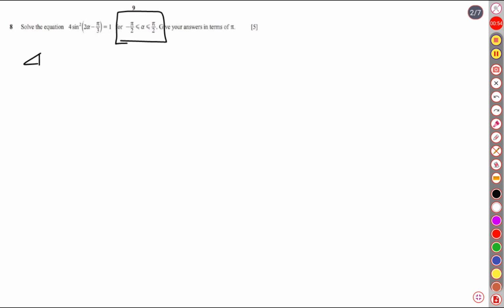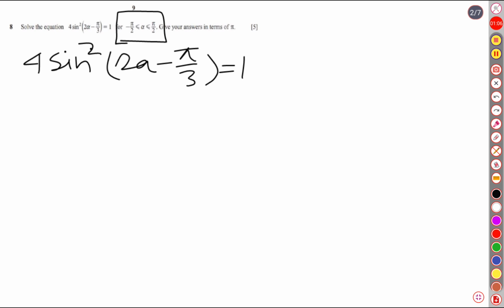It's 4 sine square of (twice alpha minus pi over 3) equal to 1. We will define the domain later on. Let us solve some of the parts. So sine square of (twice alpha minus pi over 3).